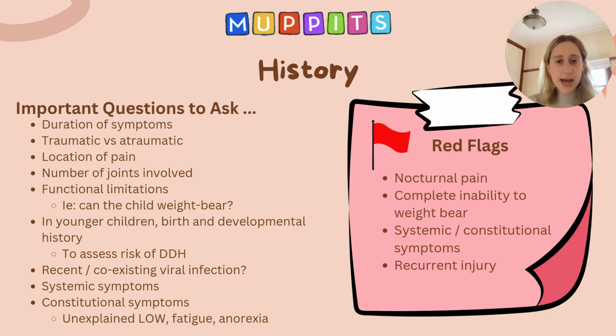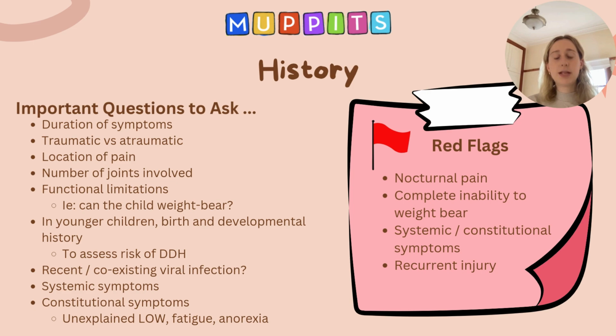In terms of red flags for history, nocturnal pain is quite a big one because this could point to some sort of bony malignancy. Also a complete inability to weight bear, because, for example, this would help us differentiate between a transient synovitis and a septic arthritis picture.